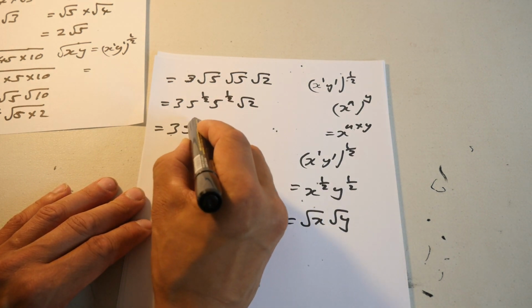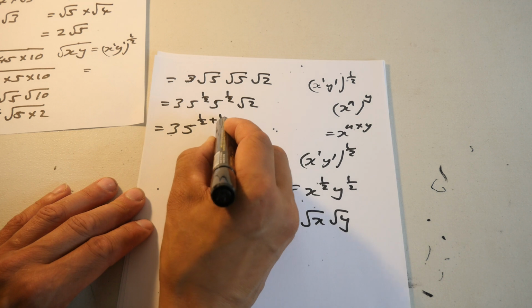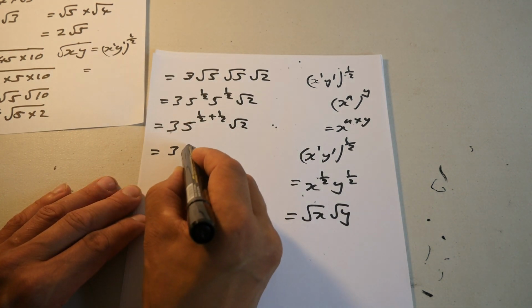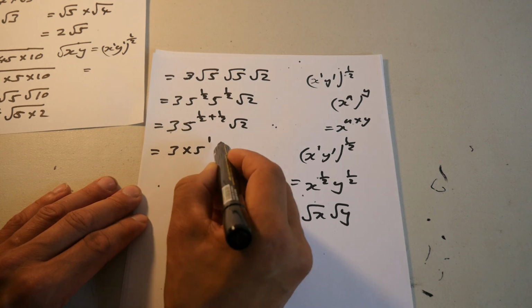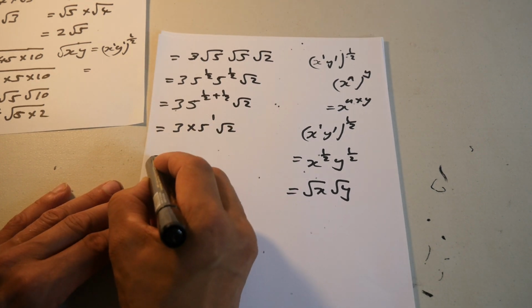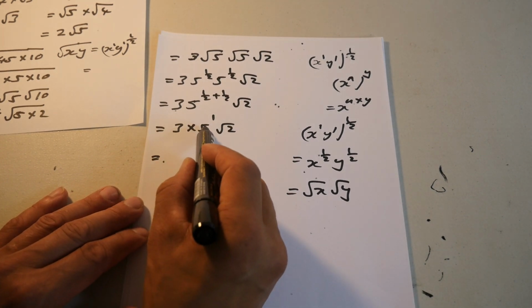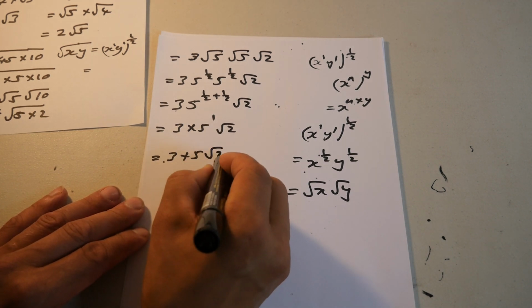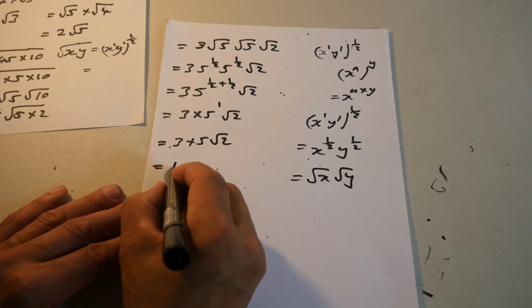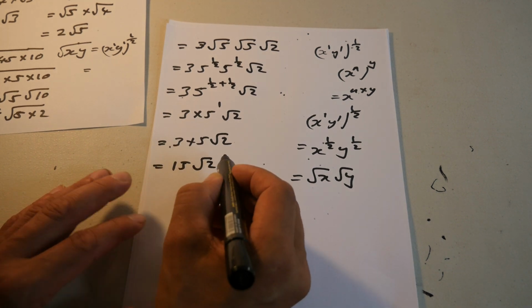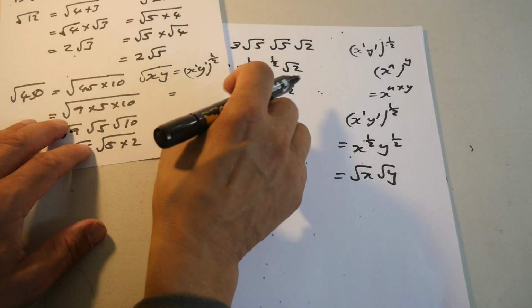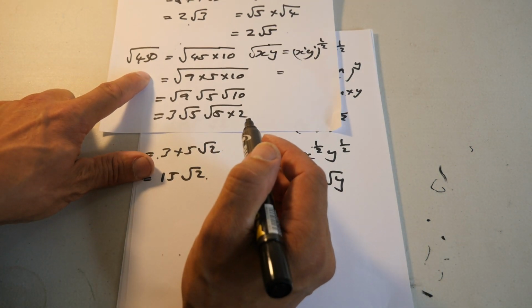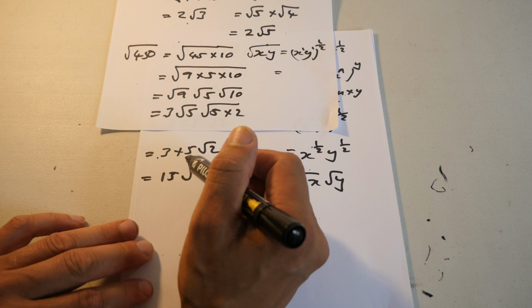So you get 5 to the half plus half, root 2, which equals 3 times 5 to the power 1, root 2, okay? 5 to the power 1 is 5. 5 times 3 is 15 root 2, okay? So the whole thing, the square root of 450, turns into 15 root 2, okay?